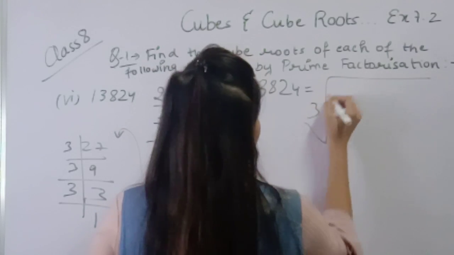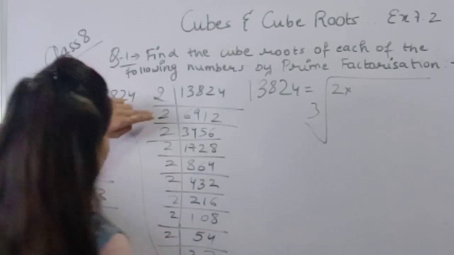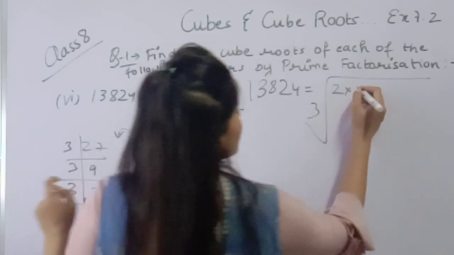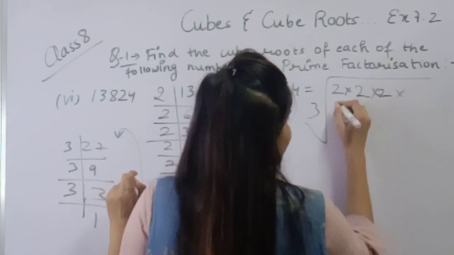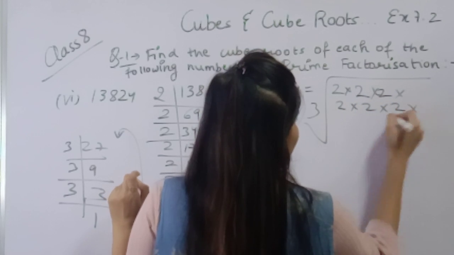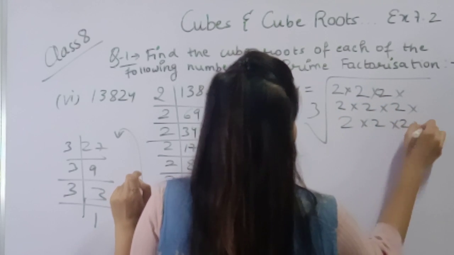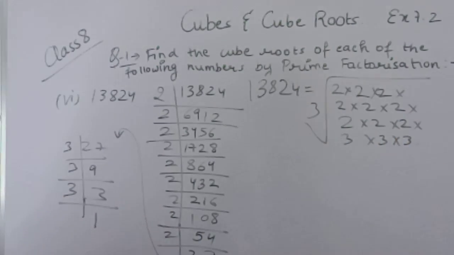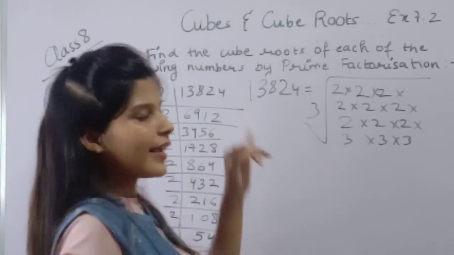They are 2. How many times 2 are there? 1 2 3 4 5 6 7 8 9. So 2 into 2 into 2 into 2 into 2 into 2 into 2 into 2 into 2 into 3 into 3 into 3. Okay, so these are the factors of 13824.